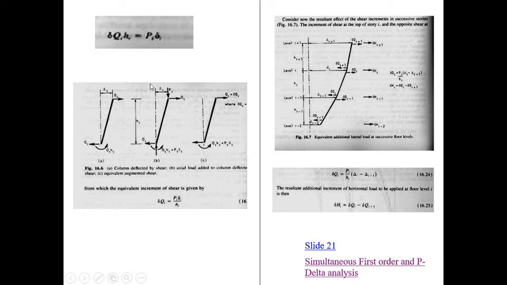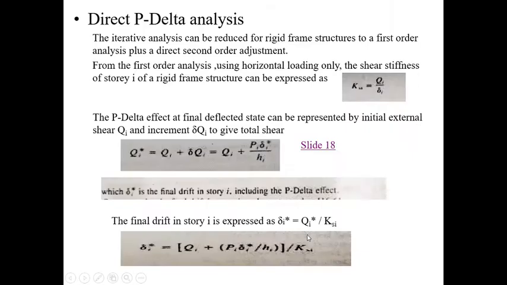So what we do is, in place of this delta Qi, we substitute Pi delta i star upon Hi, wherein this delta i star is the final drift in the story i. This is nothing but the final drift which is taking place in the particular story i here, and it will be including the P delta effect.